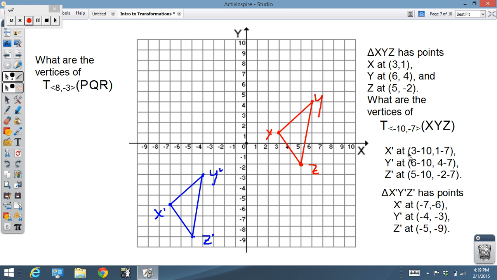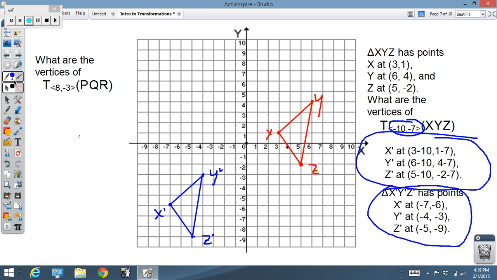So in all of these cases, we can just take each of the coordinate points, like X, 3, 1, and do our minus 10, minus 7 on all of these to find the coordinates of the image afterwards. So we can do it by graphing, or we can do it by adding up each coordinate with its translation rule here. All right, and I think that's a lot easier, so hopefully we're working towards that.